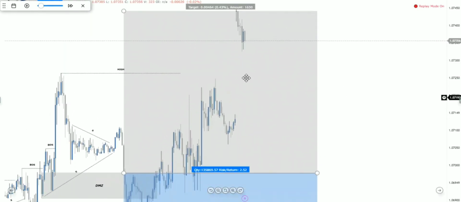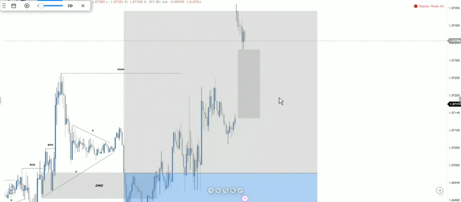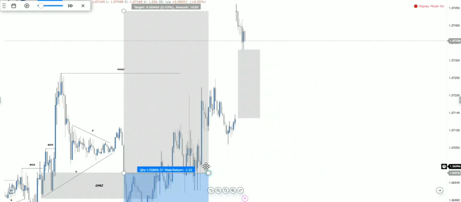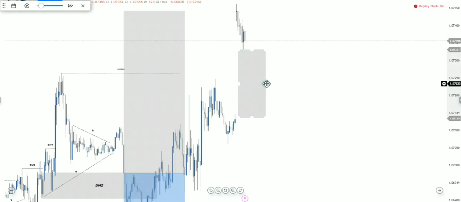So as you can see, in between this space over here, market closed over here, market closed over here, right? So market closed. Let's see if we can fill this imbalance.